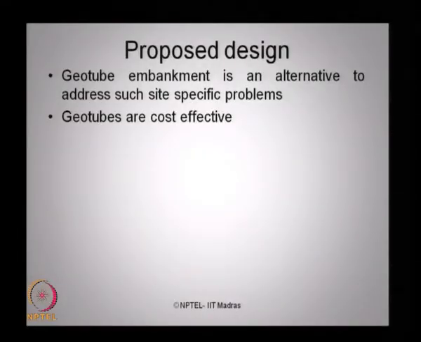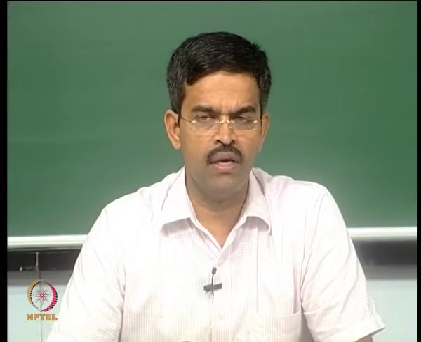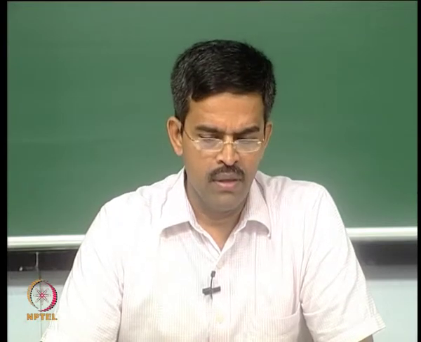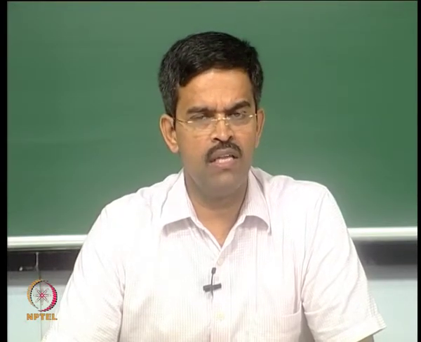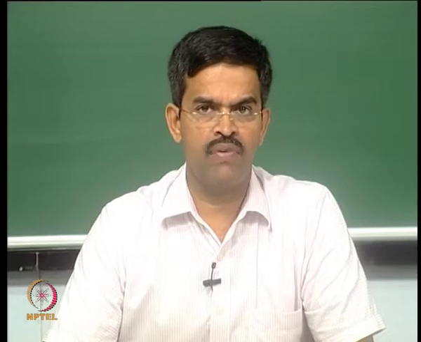Now, before we understand the cross sectional design of this embankment, let us quickly see what are the principal advantages of using geotube as a construction material or a core material for a coastal embankment. Geotubes have been seen in the literature as very cost effective.